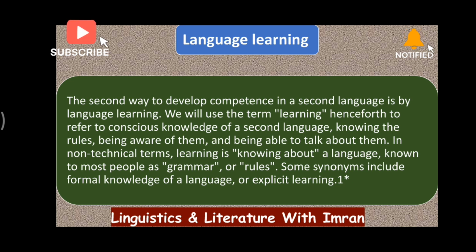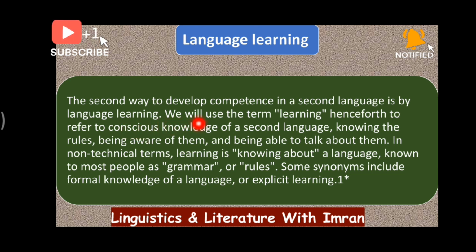You pay attention, you listen to the instruction, you learn the rules, okay, and you focus on how sentences are structured. You go to the classroom, okay, somebody tells you what is the correct sentence and what is the incorrect sentence. So then that would be language learning.